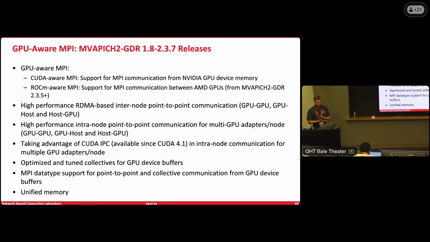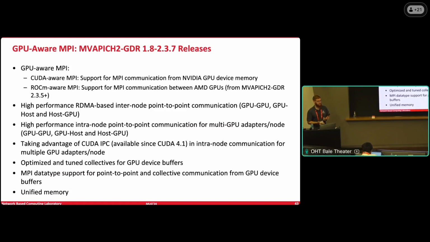Our MVAPICH2-GDR version supports both NVIDIA and AMD GPUs. It has support for GPUDirect RDMA for internode point-to-point communications. It has intranode point-to-point communication that can transparently handle GPU to GPU, GPU to host, and host to GPU transfers, and can take advantage of advanced copy features like GDRCopy for NVIDIA and AMD large BAR memcopies.